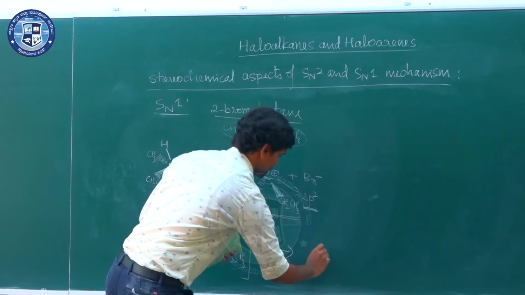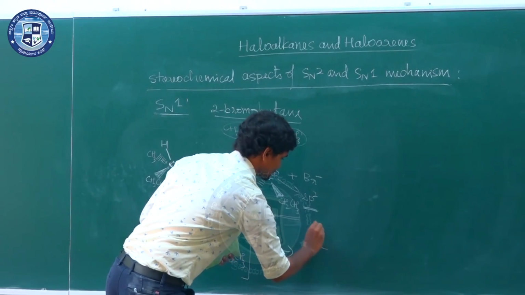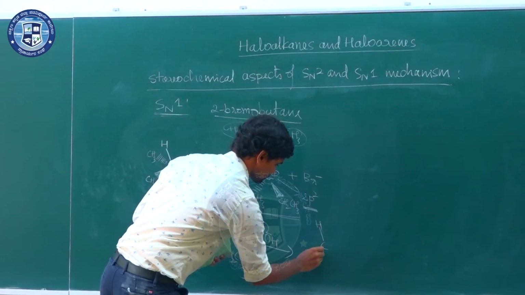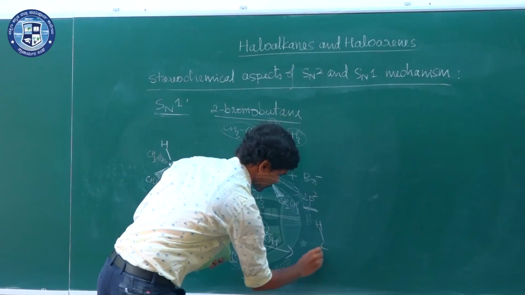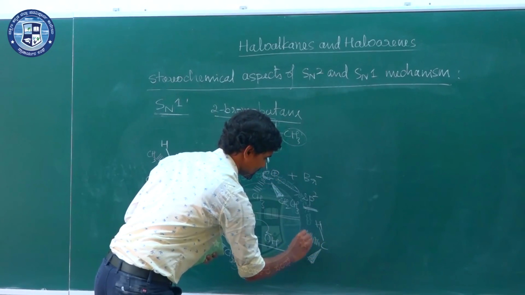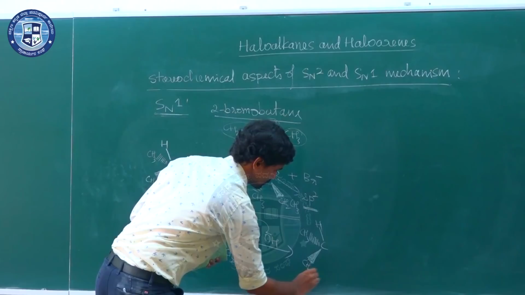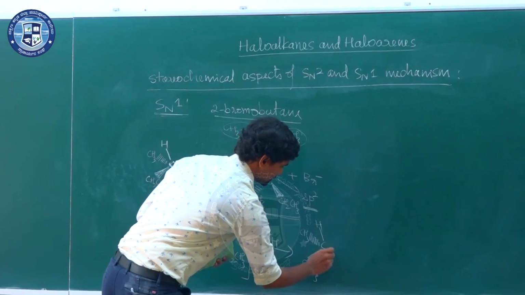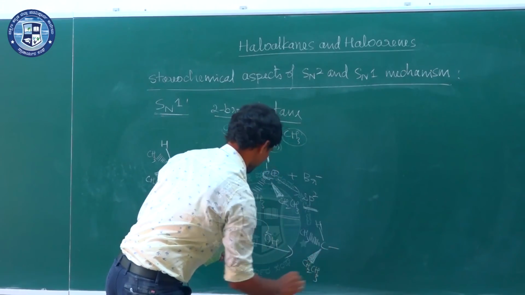the product like this, H, CH3, this is CH2 CH3, and you get OH.